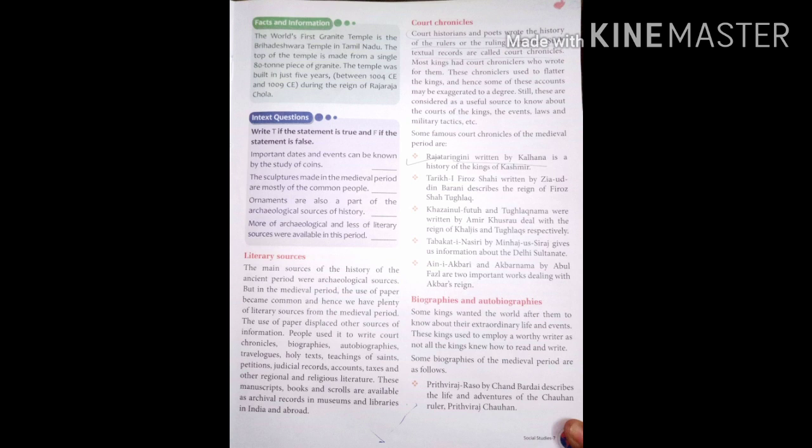These are indirect sources of history, जिससे हम अपने इतिहास को जान सकते हैं. Some of the literary sources are court chroniclers, biographies, autobiographies, travelogues, regional and religious languages, literature.